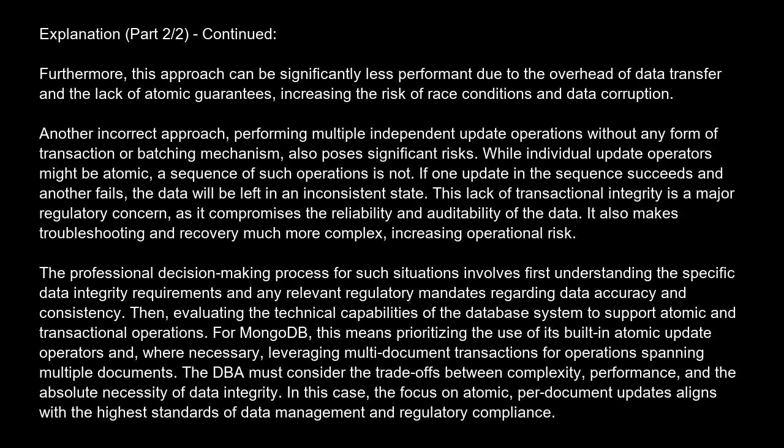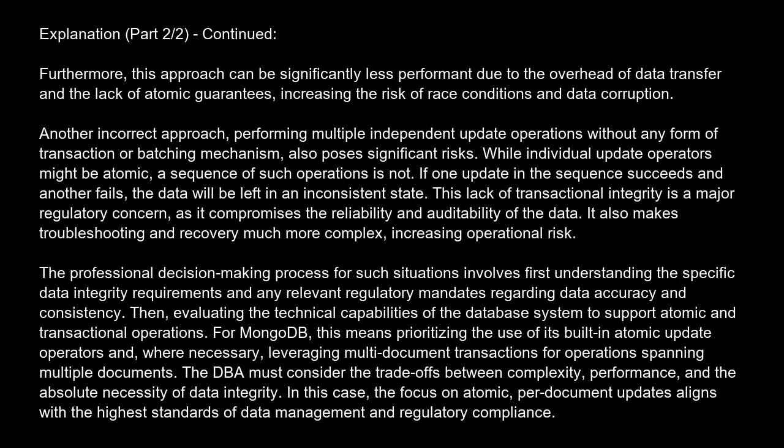The professional decision-making process for such situations involves first understanding the specific data integrity requirements and any relevant regulatory mandates regarding data accuracy and consistency, then evaluating the technical capabilities of the database system to support atomic and transactional operations.